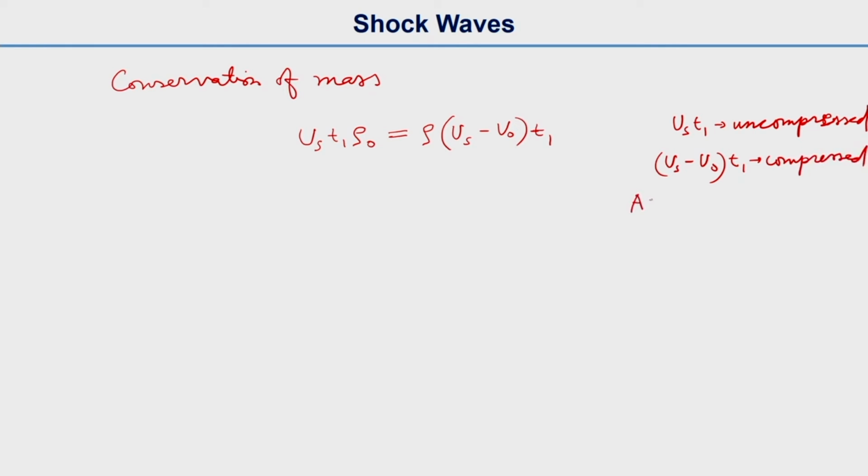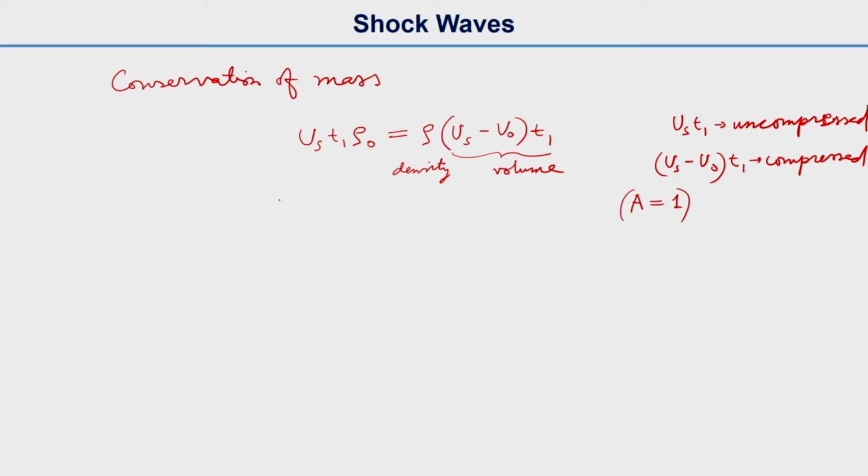We are assuming the cross-sectional area A equal to unity, so this is volume into density. So this is for the uncompressed, the left hand side, and the right hand side is the compressed.